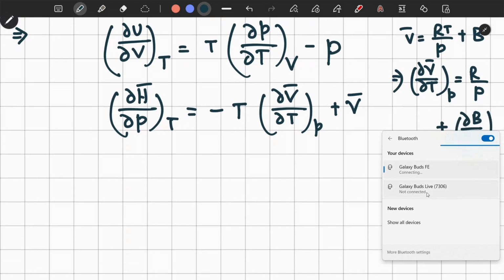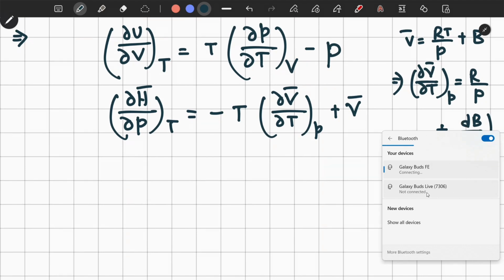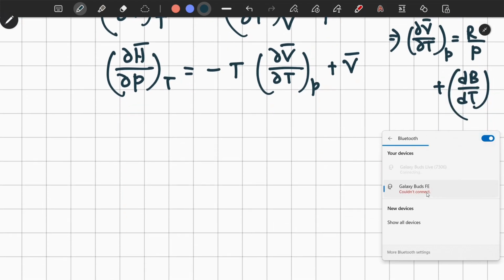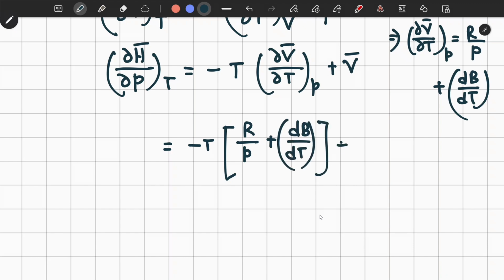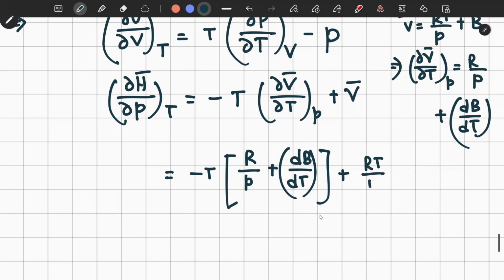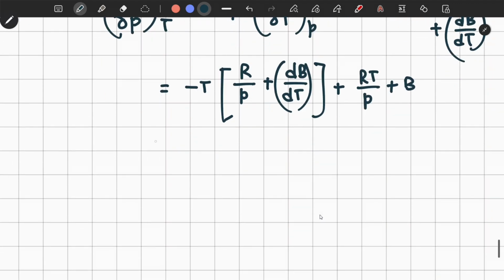You can write it as dB, because B is only a function of temperature, so there is no need of partial derivative. It's R by P plus dB by dT. And V bar is already calculated, that is RT by P plus B. So it is clearly V minus T times dB by dT.